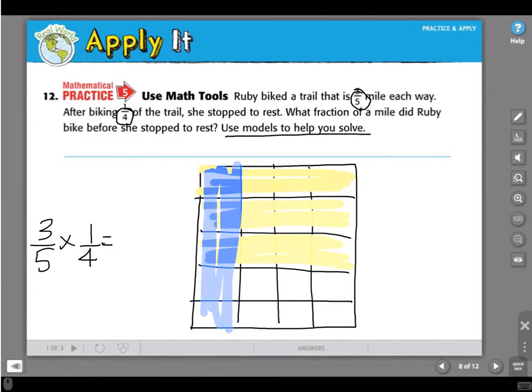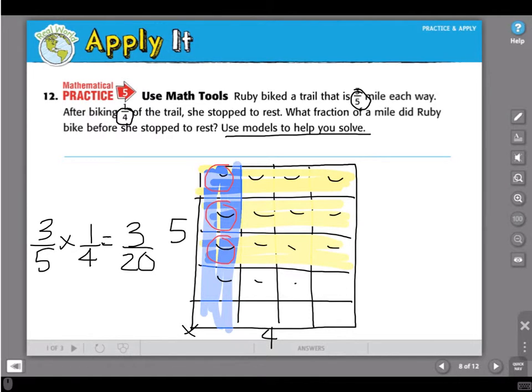And let's see, how many sections are overlapping? 3. How many total sections do I have? 2, 3, 4, 5, 6, 7, 8, 9, 10, 11, 12. Oh my goodness, again? 5 times 4, that's 20. I wonder if you're noticing a pattern, because I sure am.